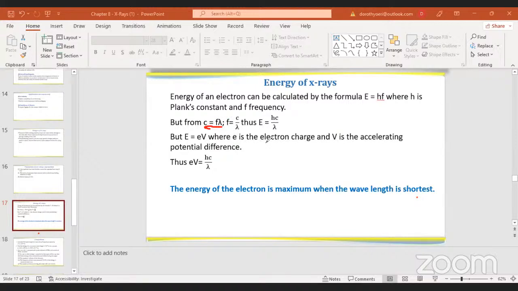C, you have been given. You have been given the frequency. You're looking for the wavelength.